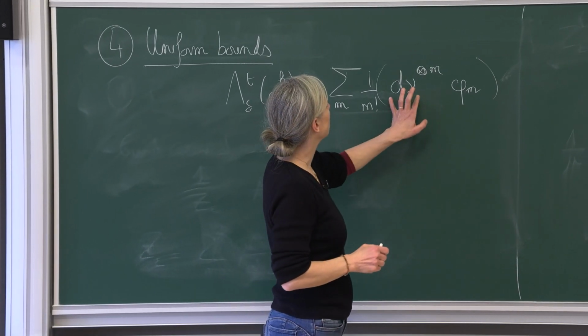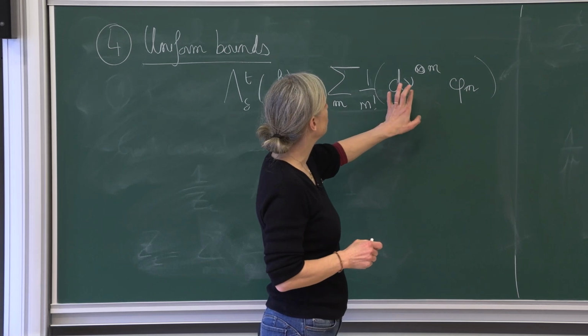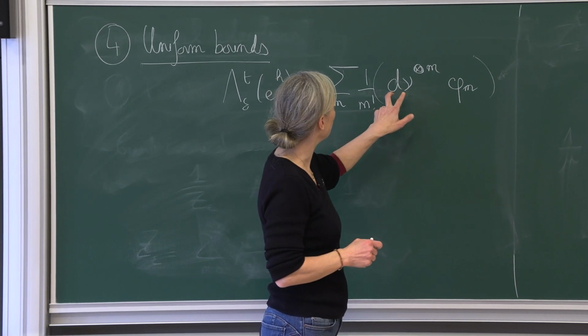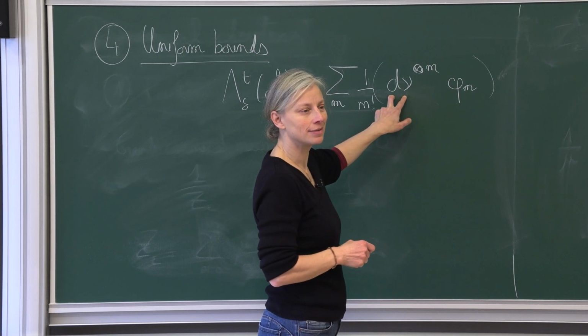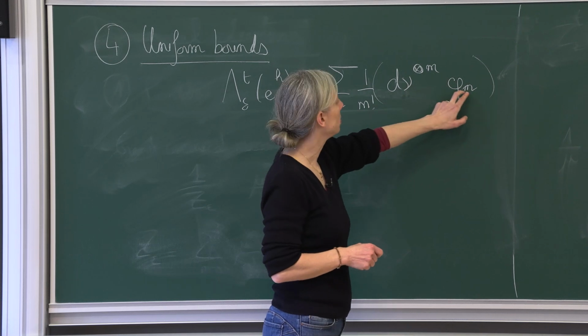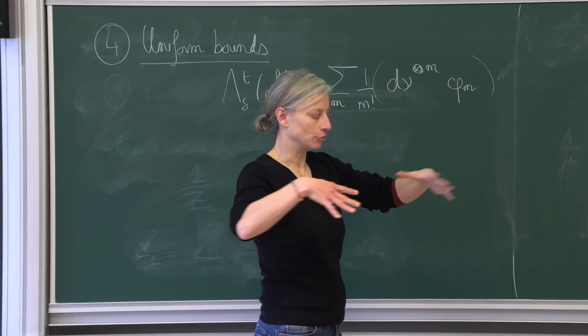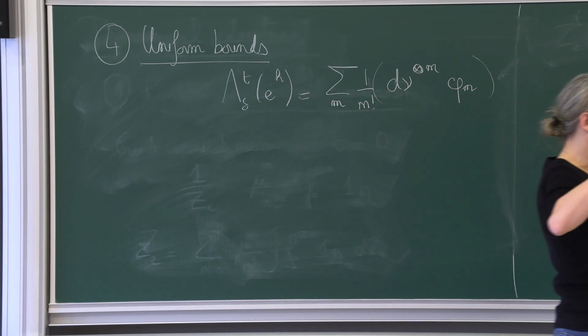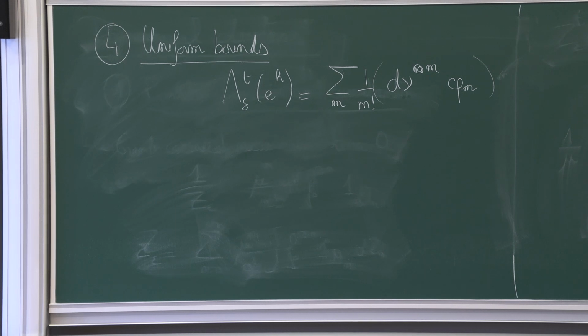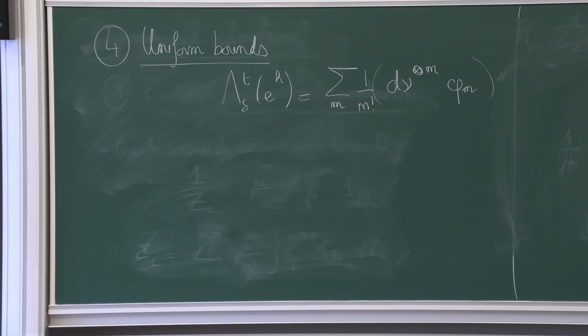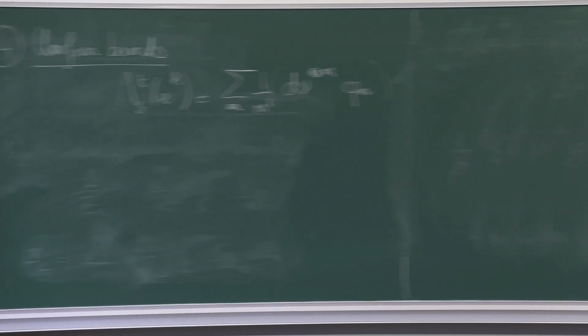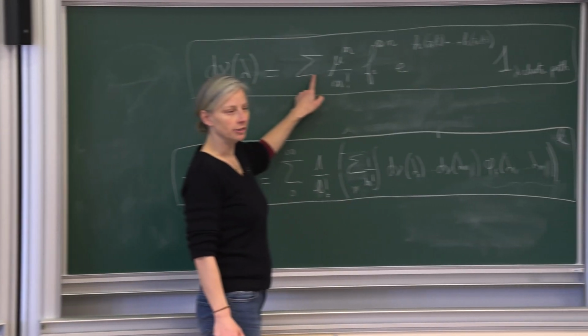So the first thing I will try to do is to show you how you control one d nu like this, and then I will try to explain how you can group these small packets with this connected graph. So now let's look at the nu here.